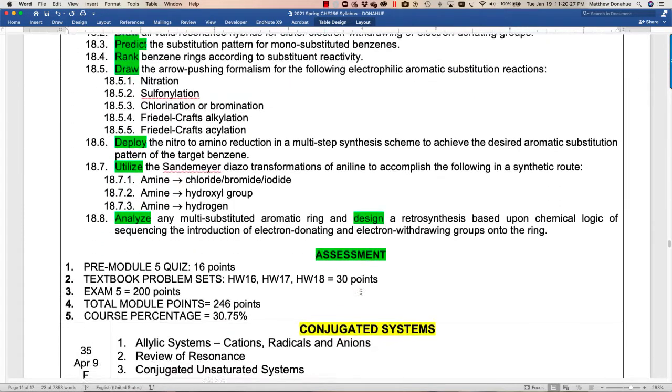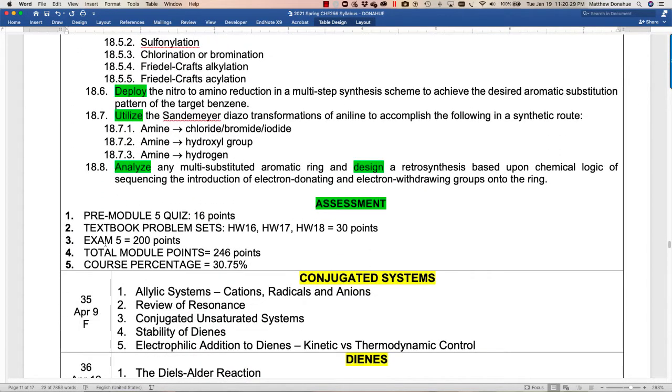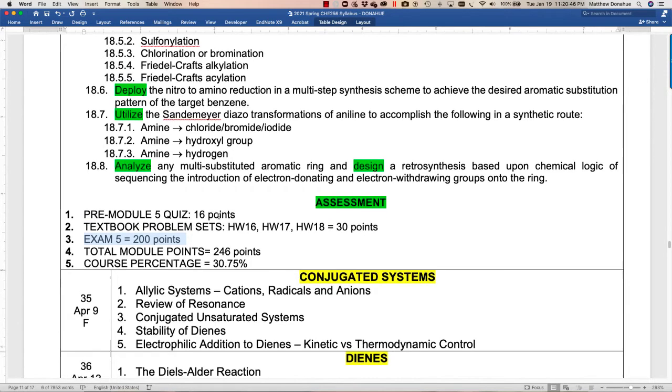The difference for this module now is that exam 5 is worth 200 points, so there's going to be a cumulative aspect to this exam that includes not only module 5 material, but material from 255 and 256 cumulatively.